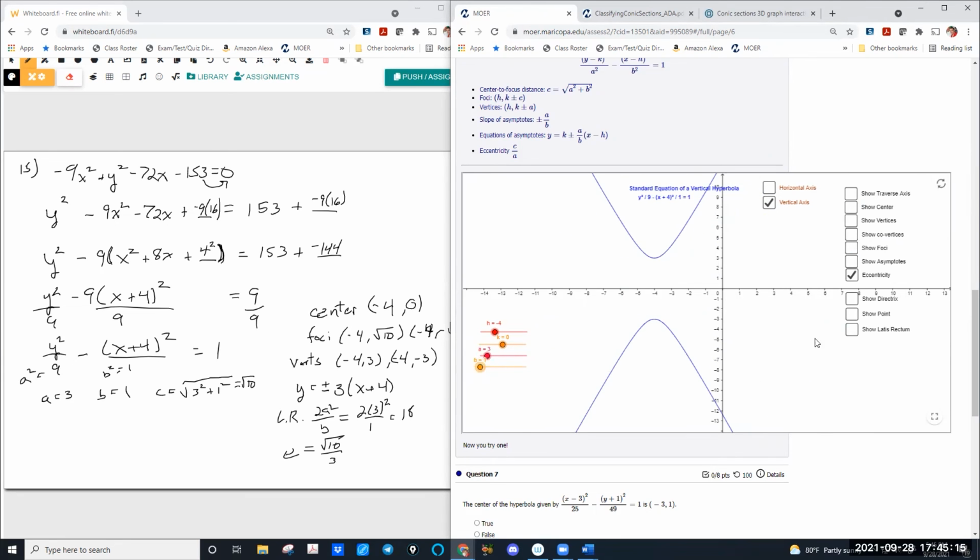There we go. That looks better. Watch what happens as I increase a to our hyperbola. See how it gets less curved? It gets more curved. What that's going to do is increase the eccentricity.